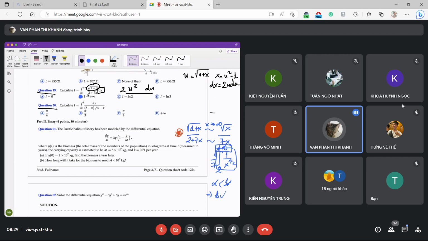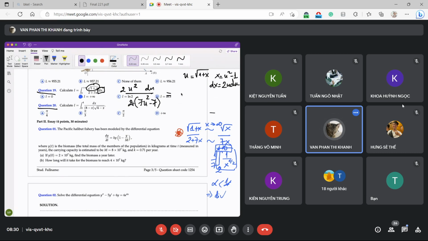Over 2 plus 7x, so 2 plus what? 7 times u squared. So it's 7u squared and minus what? That's minus 7, right? And plus.